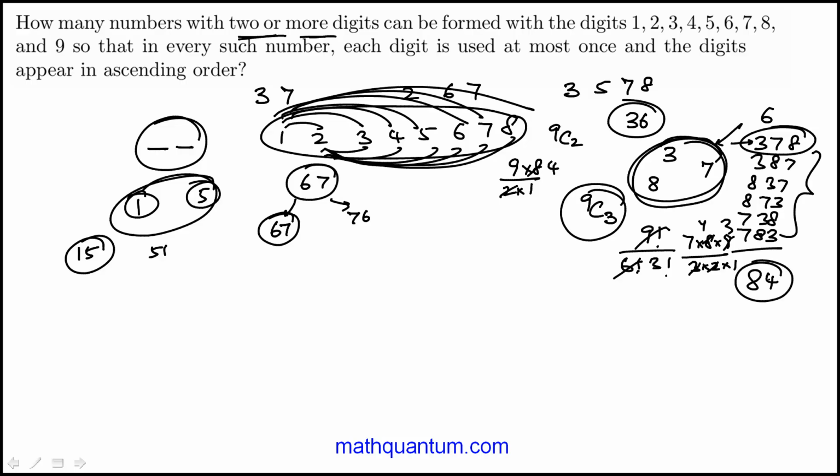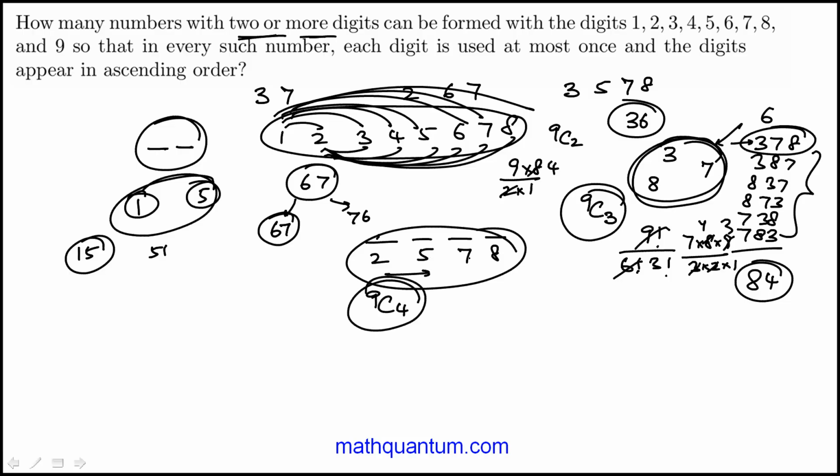Now you can carry on this process because it would still apply. If you're doing 4 digits, it's the same idea. If it was, let's say, 2, 5, 7, 8, again, there's only one in that increasing order. So if you just count the number of sets, that would give you that many.